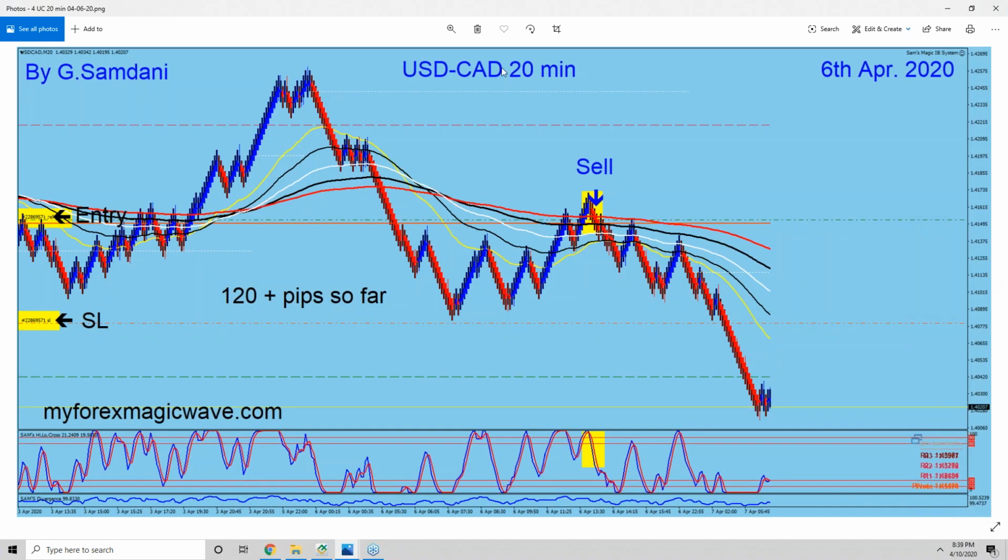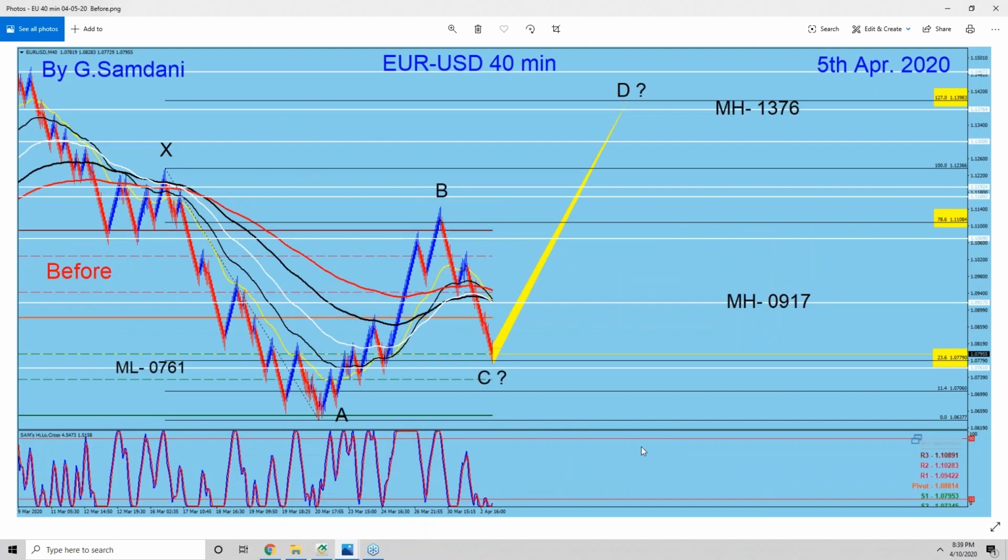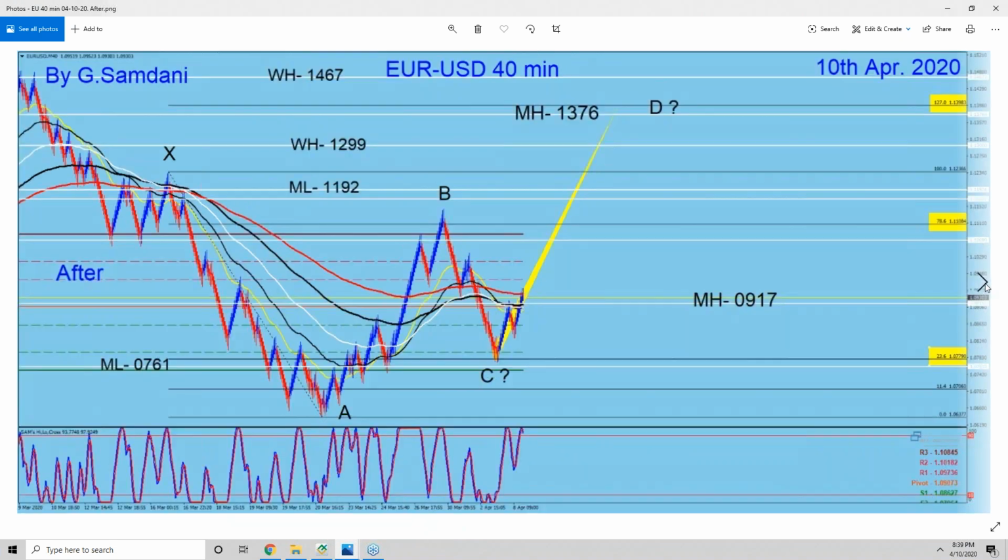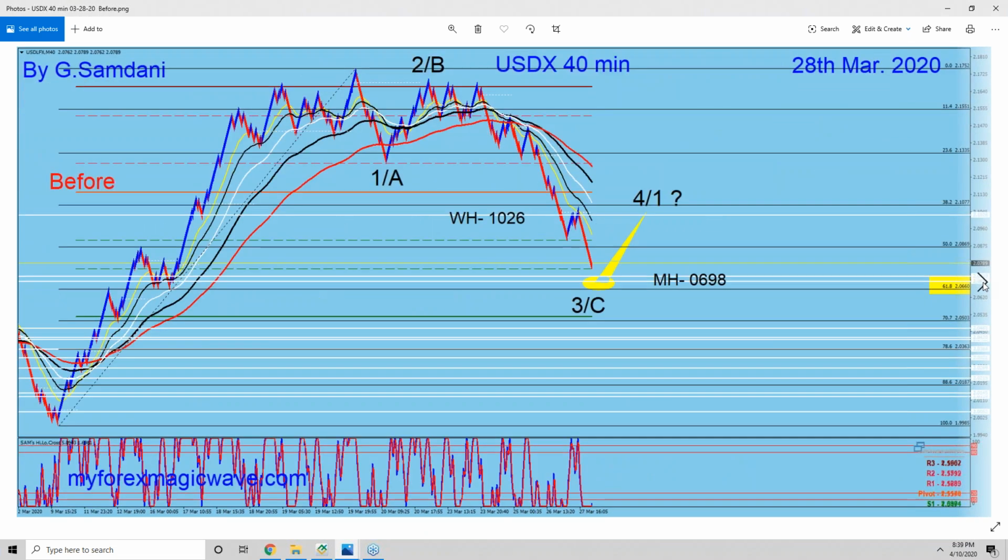Next is USD CAD. I will show you why, because I was expecting USD weakness. Let me see if I can show you the USD index chart, right? First, I made it on the 20th of March.